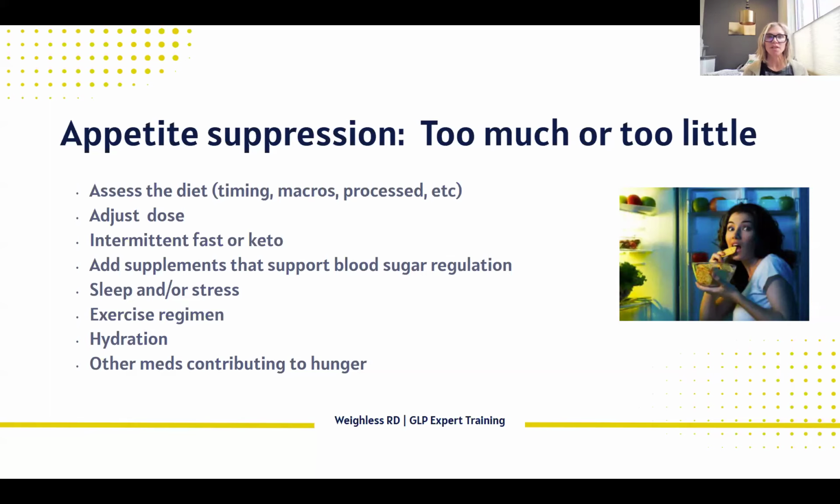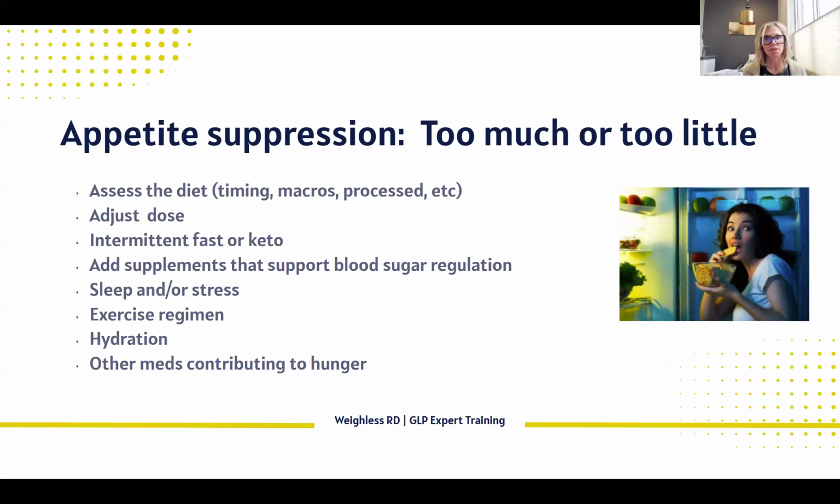That's going to teach them nothing. So if someone says, I still am hungry and they've been on a higher dose, then it's really time to start assessing the diet, adjusting dose for whatever that looks like. We do a lot of intermittent fasting. For my sickest people who have carb intolerance, just a history of insulin resistance problems, we will do keto diets for a period of time.